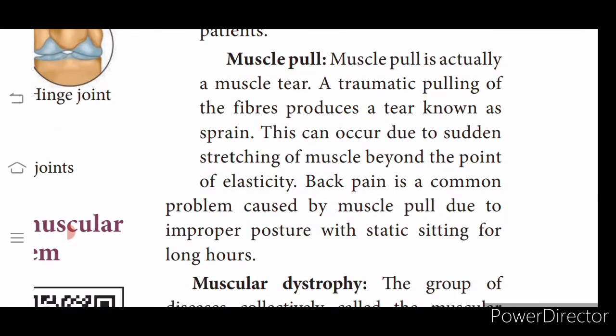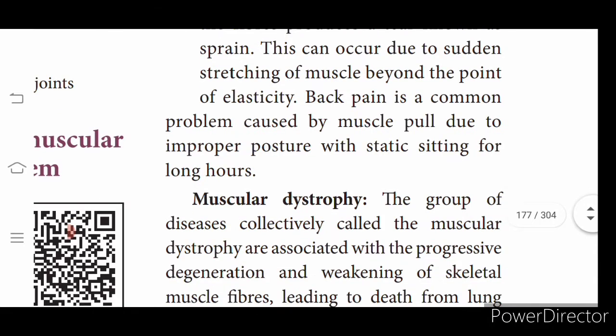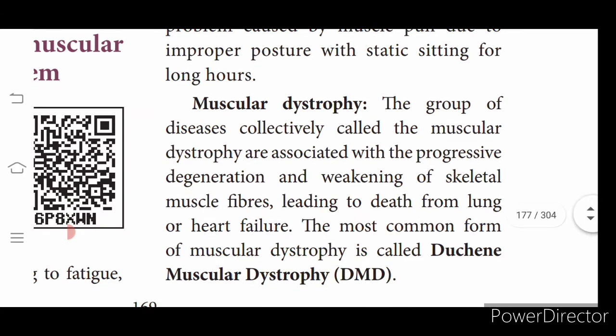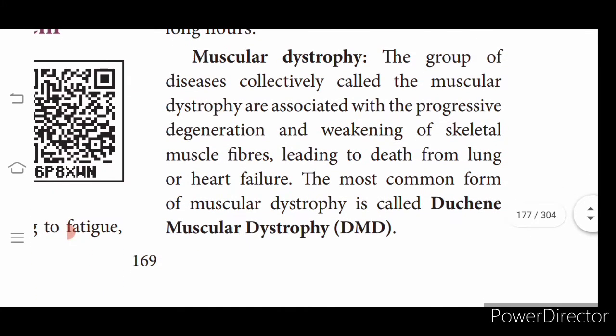Muscle pull is actually a muscle tear. A traumatic pulling of the fibers that produces a tear is known as a strain. This can occur due to sudden stretching of the muscle beyond the point of elasticity. Back pain is a common problem caused by muscle pull due to improper posture, with static sitting for long hours.